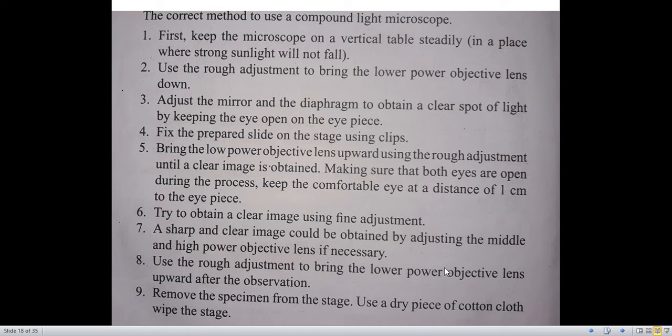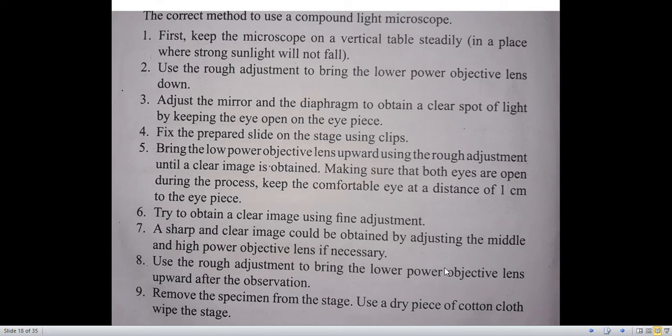Use the rough adjustment or coarse adjustment to bring the lower power objective lens down. Adjust the mirror and the diaphragm to obtain a clear spot of light by keeping the eye open on the eyepiece. When you observe using the eyepiece, you have to keep one eye on it and the other eye must be kept open.